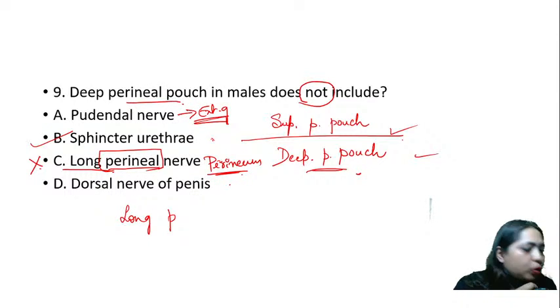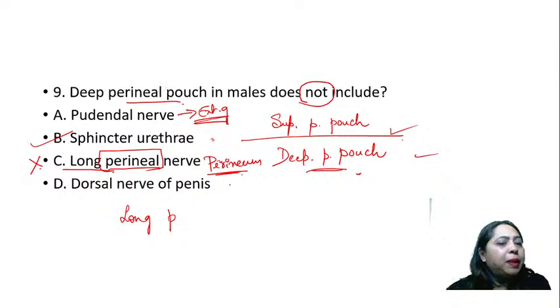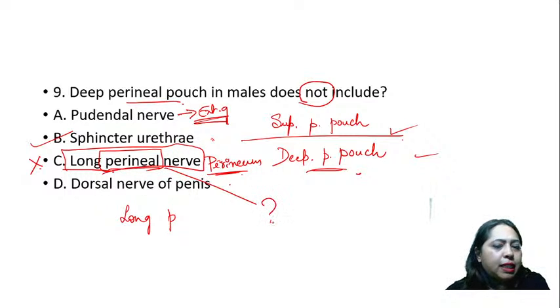No, ma'am. Okay, for which one are you saying no? Pudendal nerve is correct. Sphincter urethrae is correct. What is long perineal nerve? Is there anything by the name long perineal nerve? Does it exist like that?